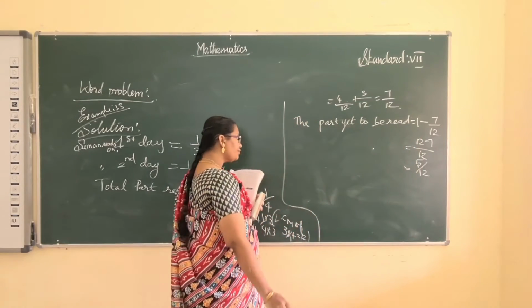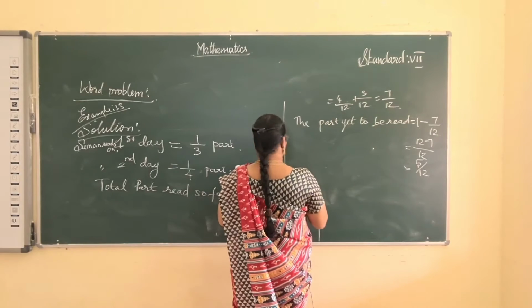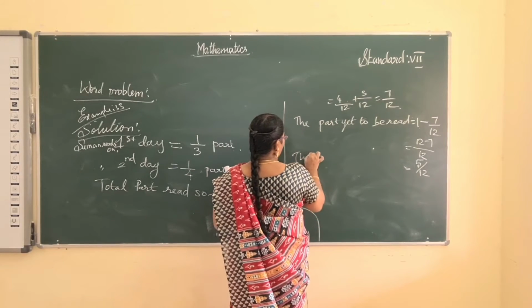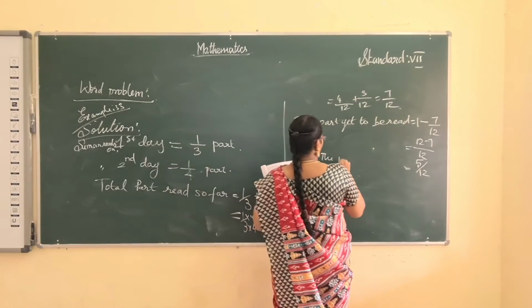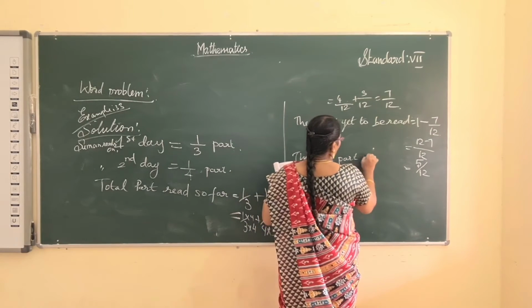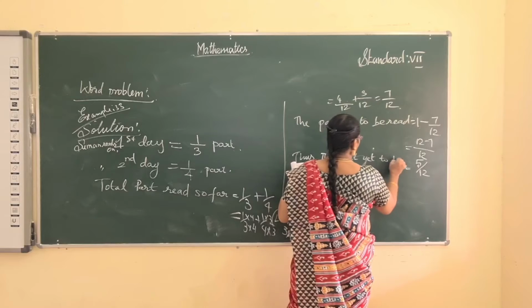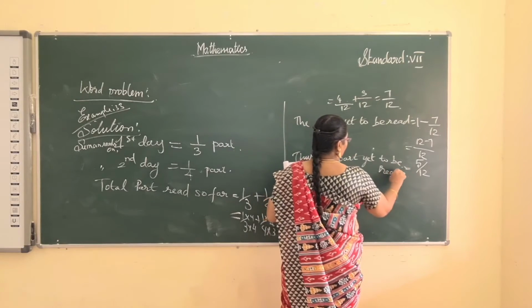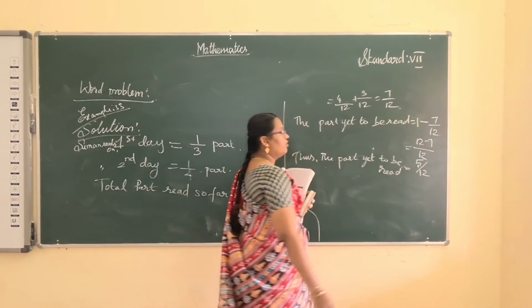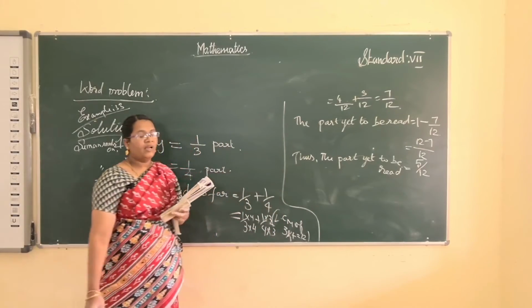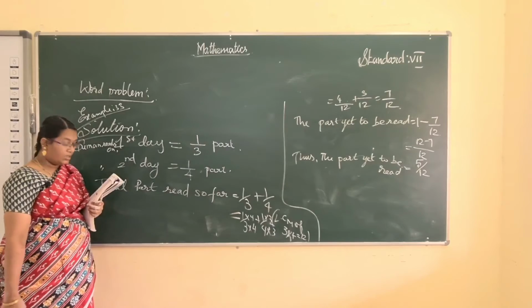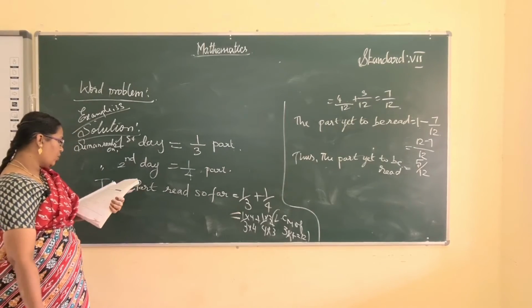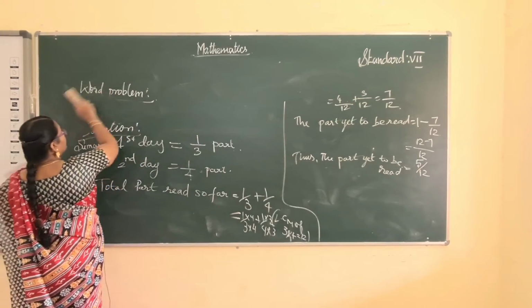Thus, the part yet to be read is equal to 5 by 12. I hope you have understood example 33. Now see the exercise problem 3.3.